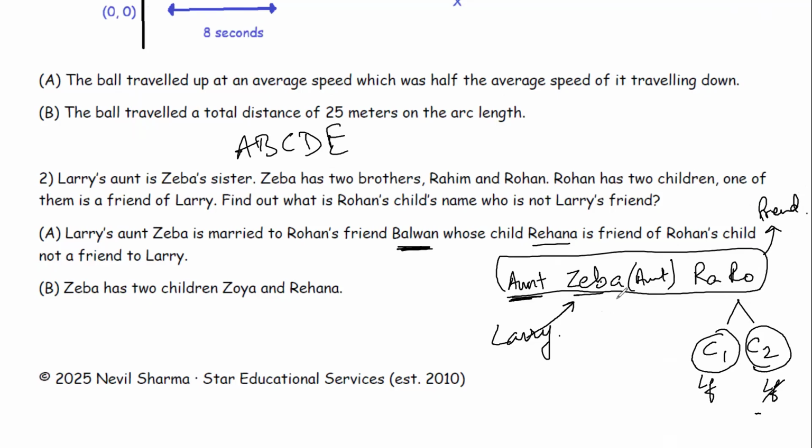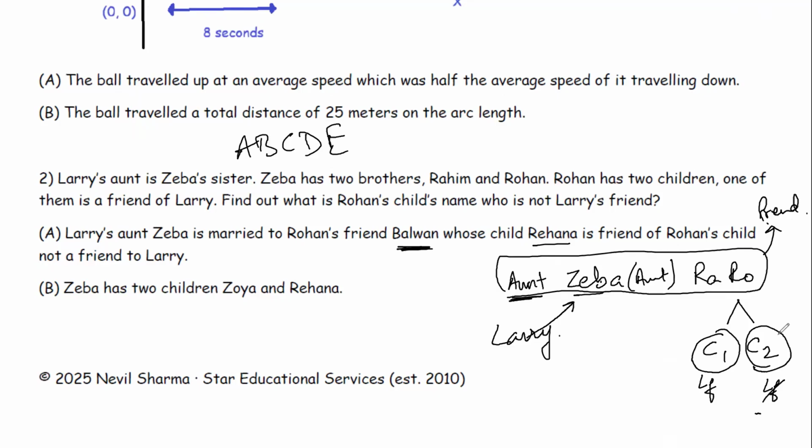So they're friends of Rohan's child, not a friend to Larry. So we know that Larry's aunt Zeba is married to Rohan's friend Balwan, whose child Rehana is a friend of Rohan's child.